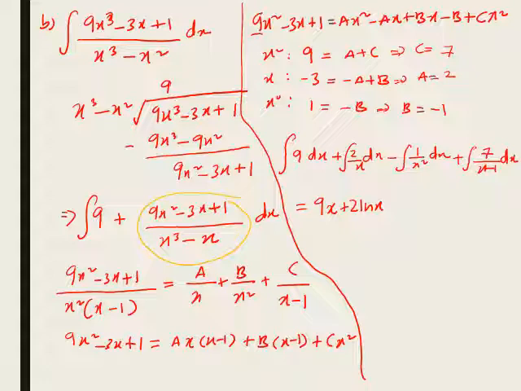Okay, this one will be x power negative 2 plus 1, so plus 1 over x, plus 7 ln|x minus 1| plus C. That's it.